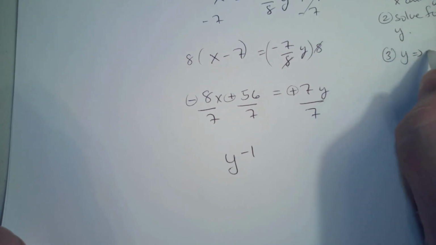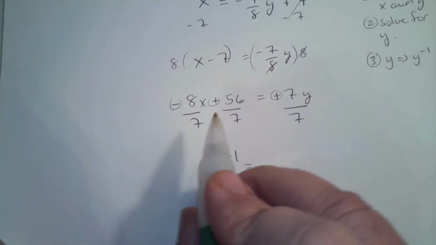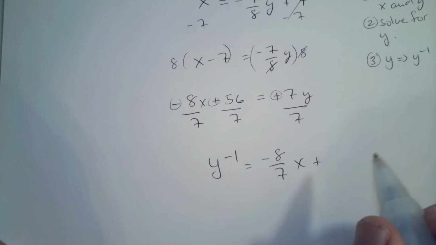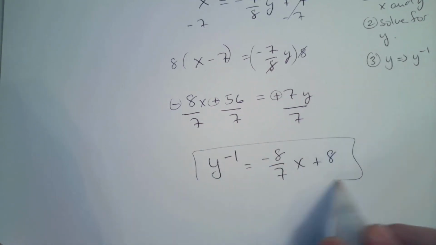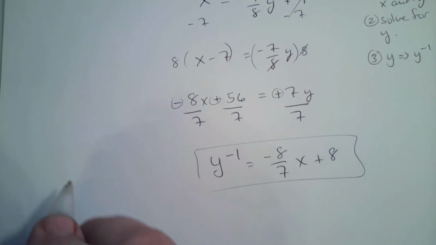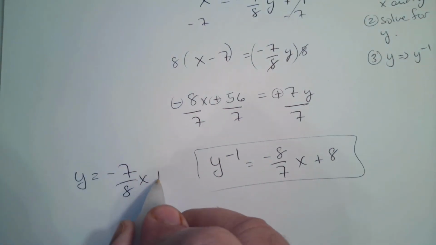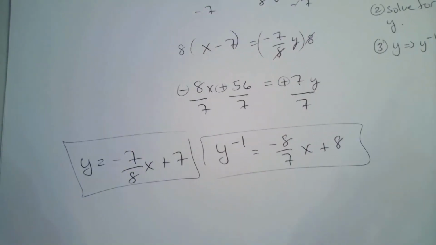So it's negative 8 over 7x plus 56 divided by 7 is 8. So the original function was negative 7 over 8x plus 7, and the inverse function is negative 8 over 7x plus 8.